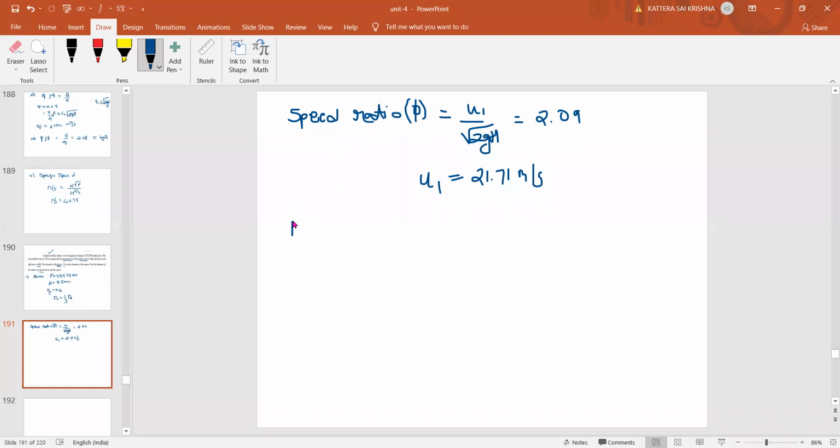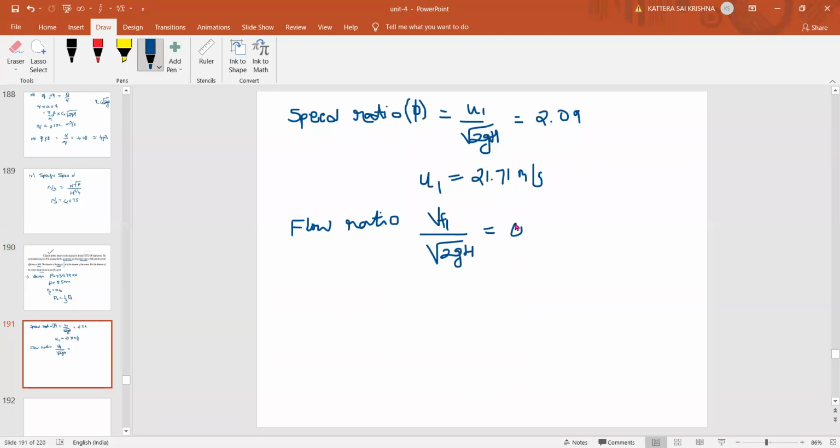Next he has given the flow ratio also. Flow ratio is VF1 by under root of 2GH, equal to 0.68. Whenever you see the word flow, you can remember it as VF by under root of 2GH.